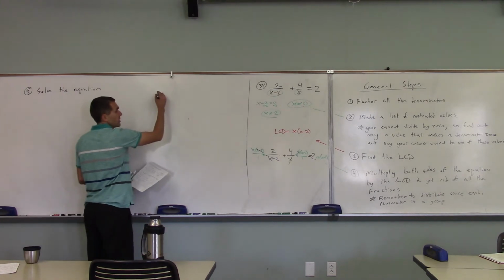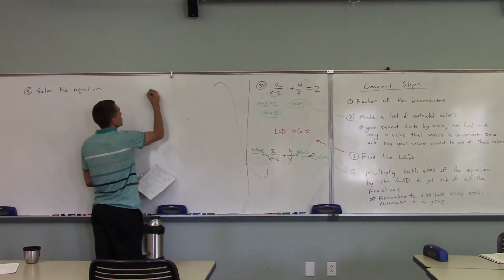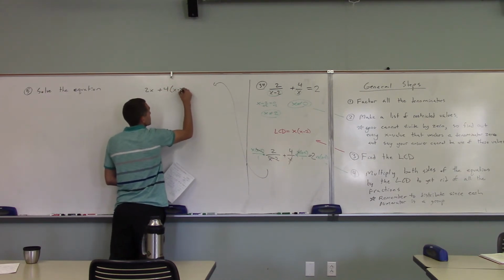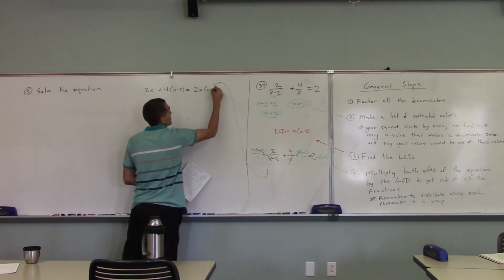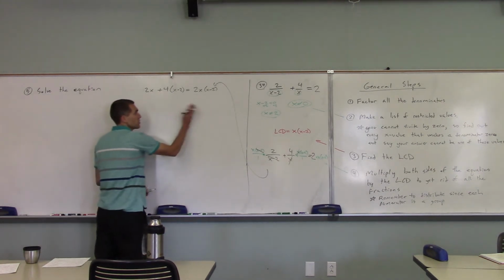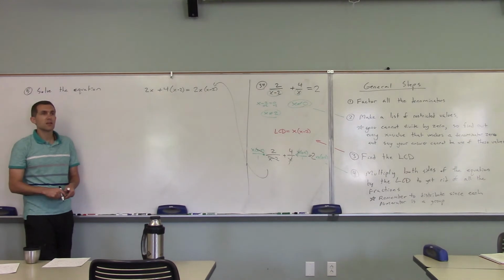So now we've got, just continuing this problem right next to it, 2x plus 4(x minus 2) equals 2x(x minus 2). I haven't multiplied anything out. All that happened was when I multiplied by my LCD, the denominators cancel out. I haven't multiplied anything out. Okay?